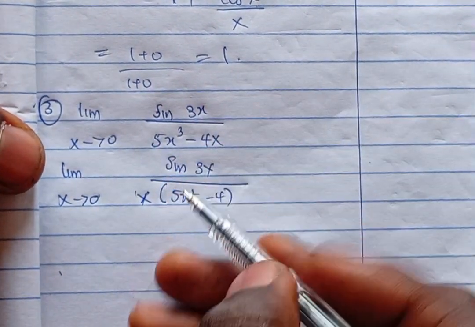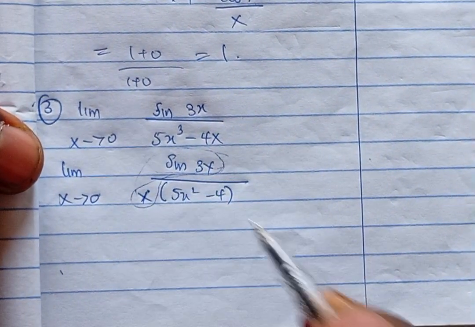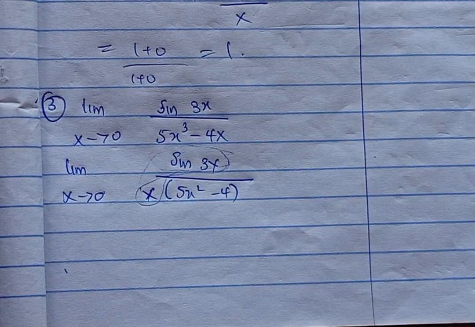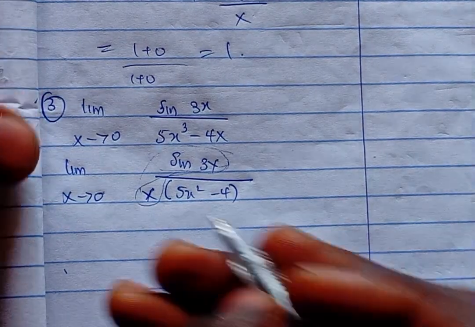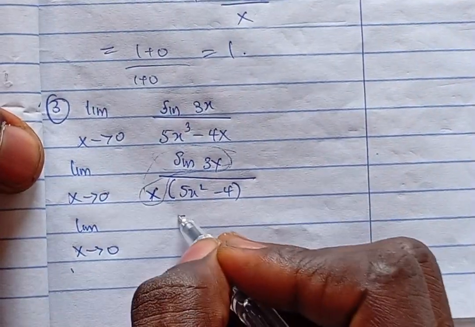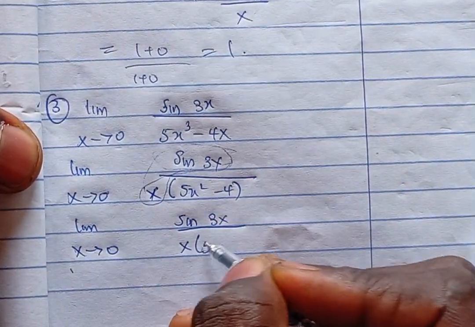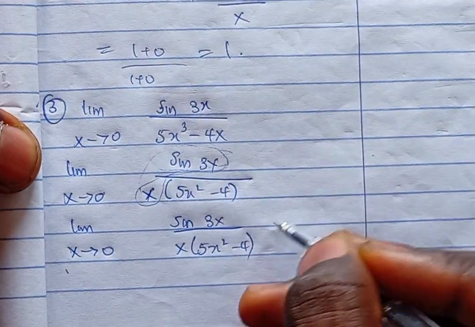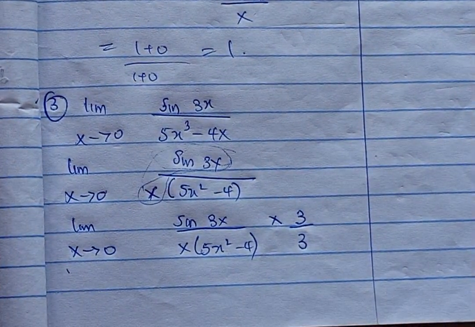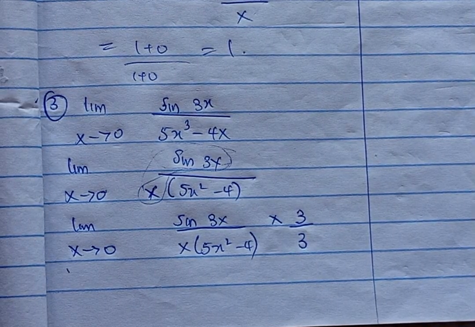I can easily make this a standard limit by multiplying both the numerator and denominator by 3. So it can be written as the limit as x tends to 0 of sine 3x over x into 5x squared minus 4, everything multiplied by 3 over 3. You see? Good, right? Now let's continue.